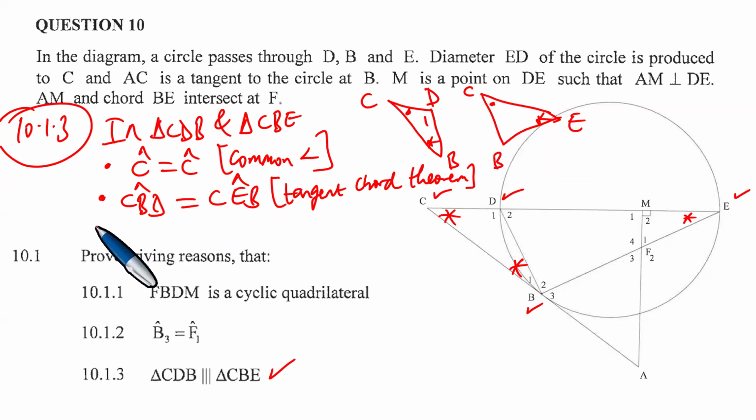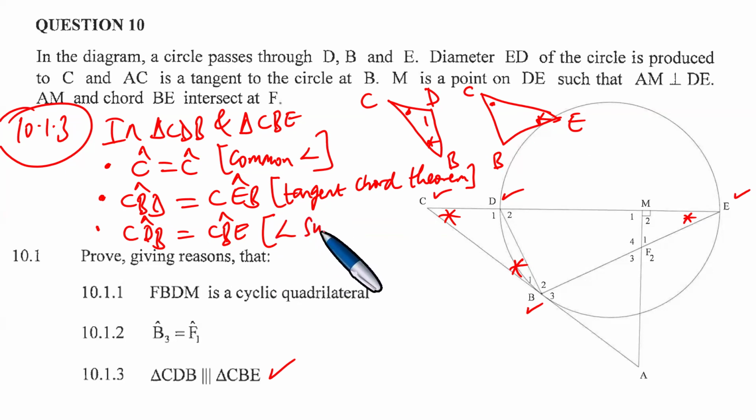So the third point is to say that the angle CDB is equal to the angle CBE, which is the angle sum in triangle.